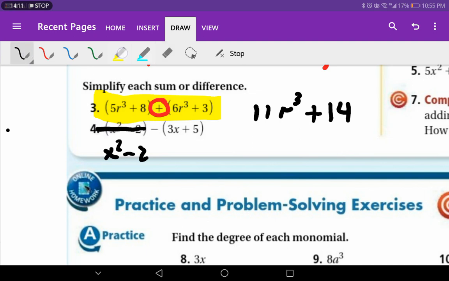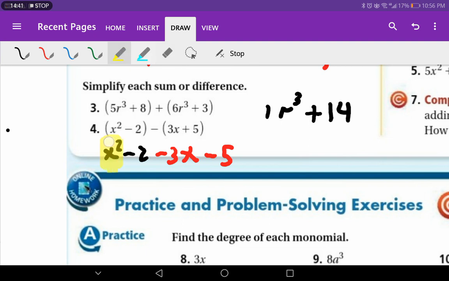Now here, this negative makes the 3x negative 3x, and makes the positive 5 negative 5. You see the rule of the negative sign here? You switch what you have inside, term by term. Actually, the x squared here, you drop it down, nothing to do, because it has no like terms.